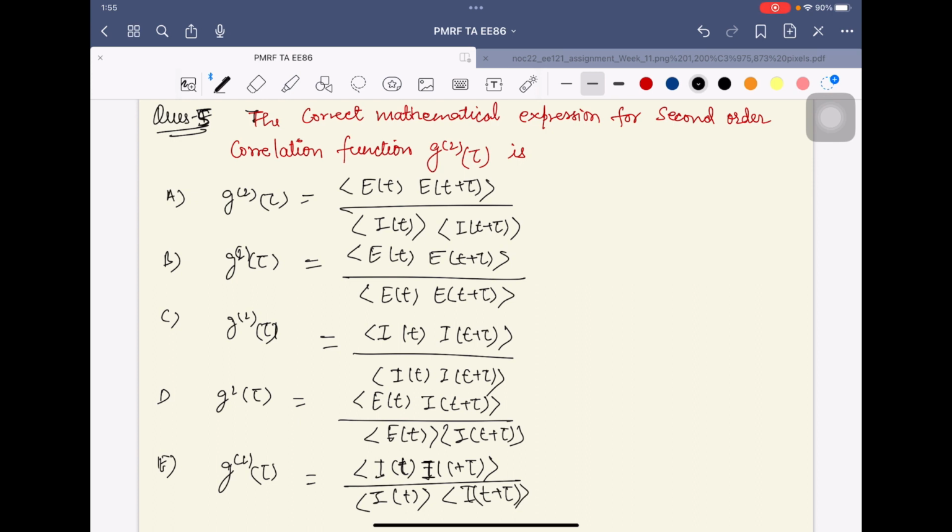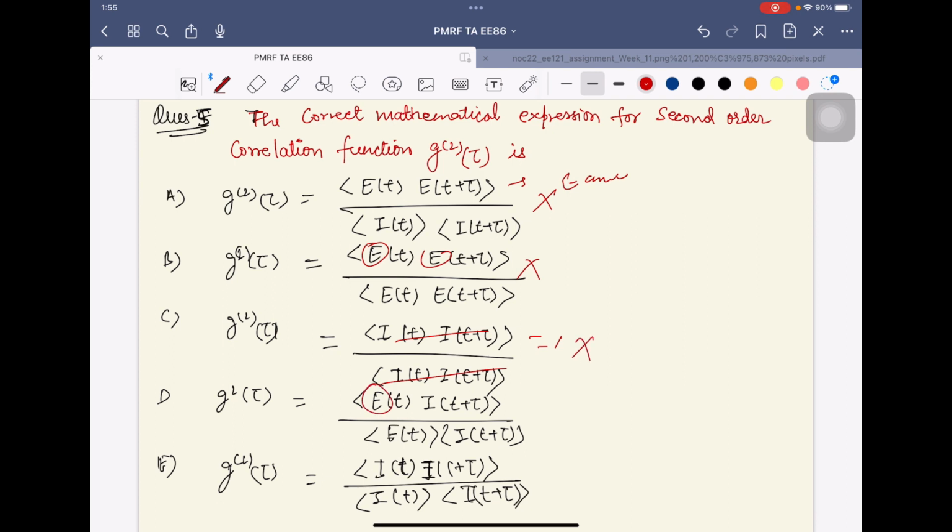Okay, so this is E, the amplitude, but G2 tau is the measure of intensity fluctuation. So this will be wrong. G2 tau always involves intensity, not E, so this will also be wrong. And here, if you see, this is given equal to 1, so this is also not the expression for G2 tau.